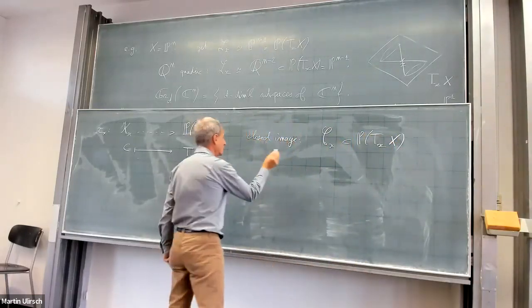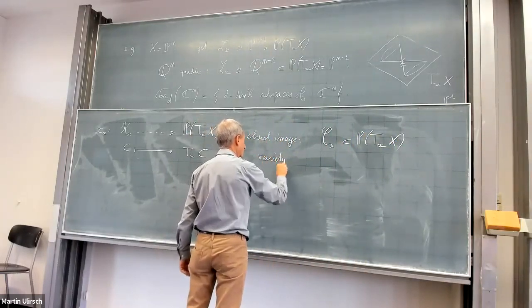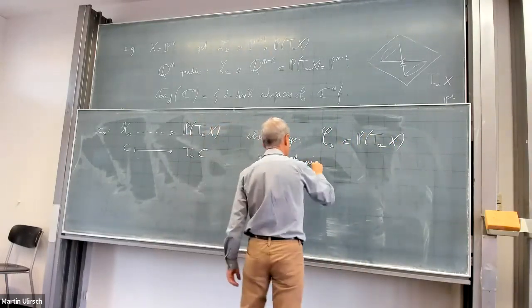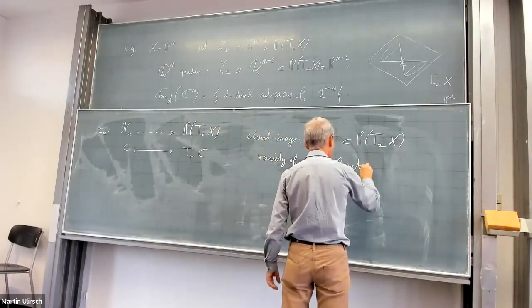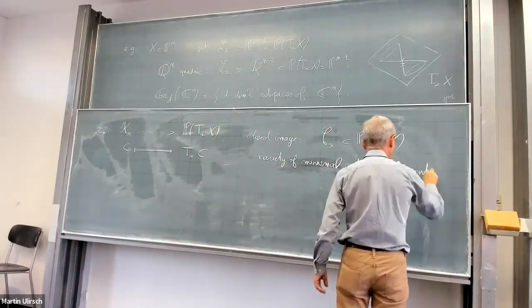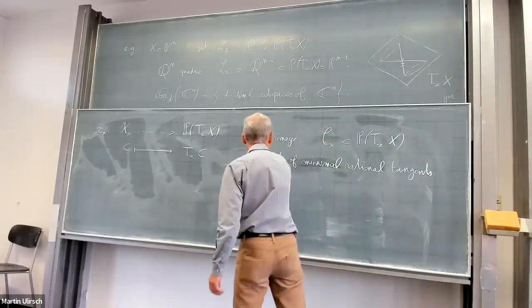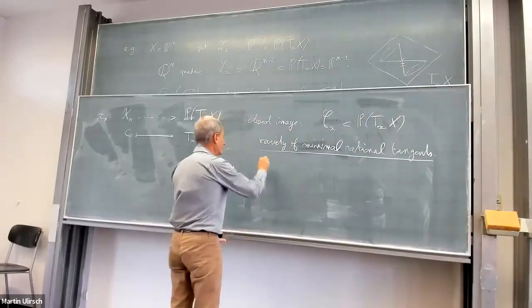And this one is called the variety of minimal rational tangents, with a standard abbreviation.